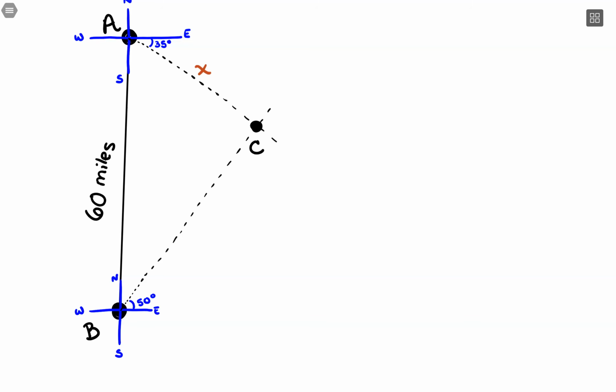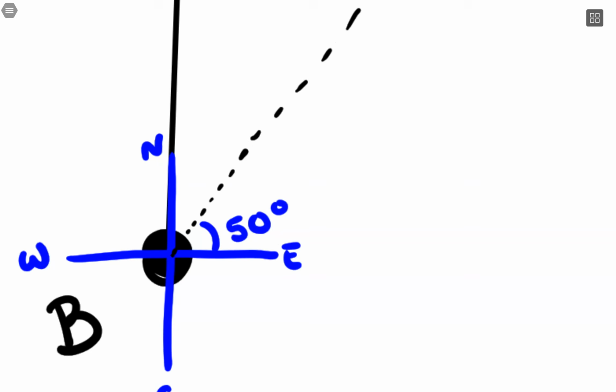However, we have these relationships where we can find some angles. Like if I go down here to ship B, this makes a 90-degree angle right here. So if this is 50 degrees, then this has to be 40 degrees right there. Those have to add up to 90 degrees.